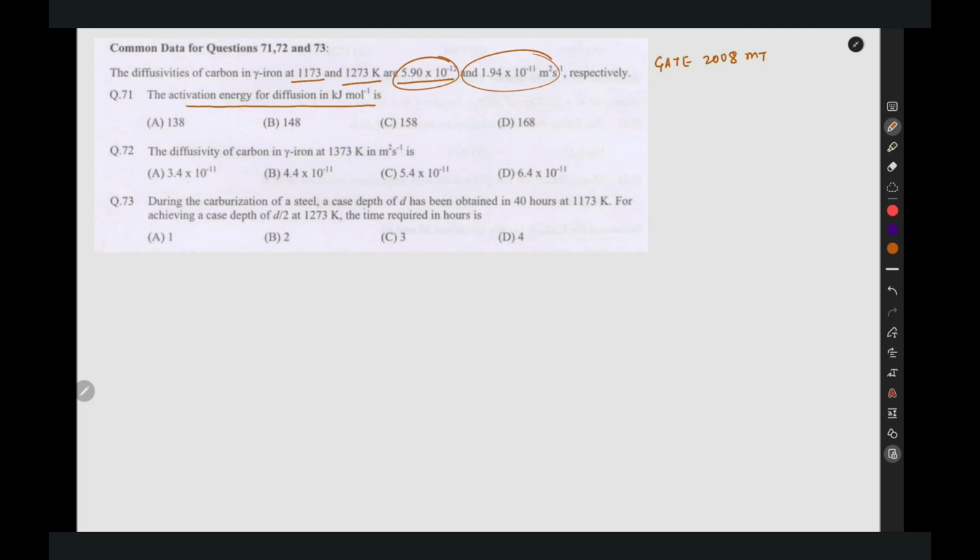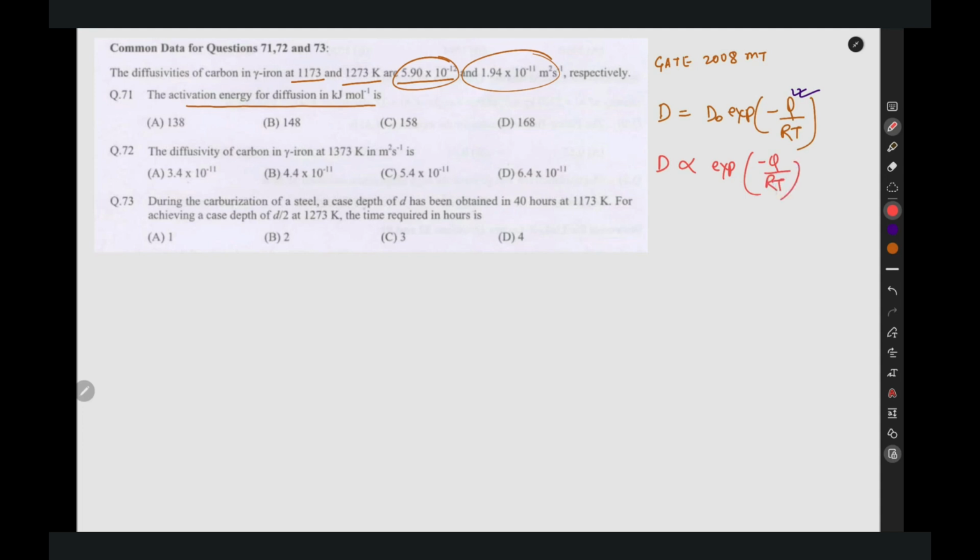So now we will use the first formula where diffusivity D equals D naught exponential minus Q by RT. We have to find Q, the activation energy. We can write D is proportional to exponential minus Q by RT.